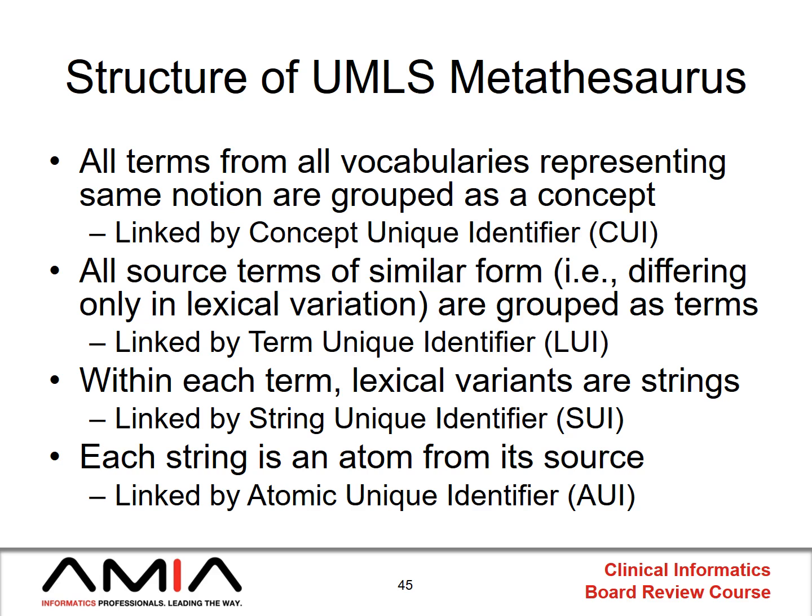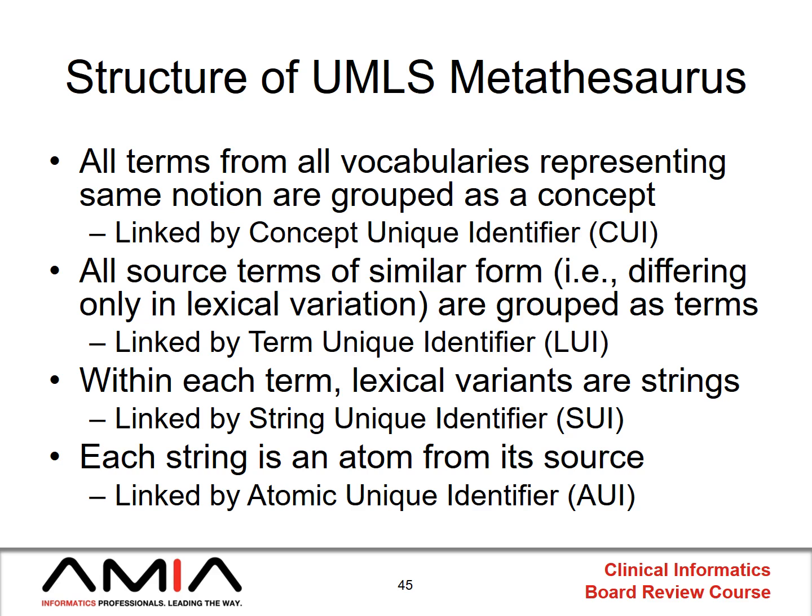Remember that the goal of the UMLS Metathesaurus is to link concepts across different vocabularies. So a single concept that occurs in multiple vocabularies has a concept unique identifier, or CUI. Within these different vocabularies, there are source terms for that concept that are relatively similar. They differ only in lexical variations, such as word order or plurality.